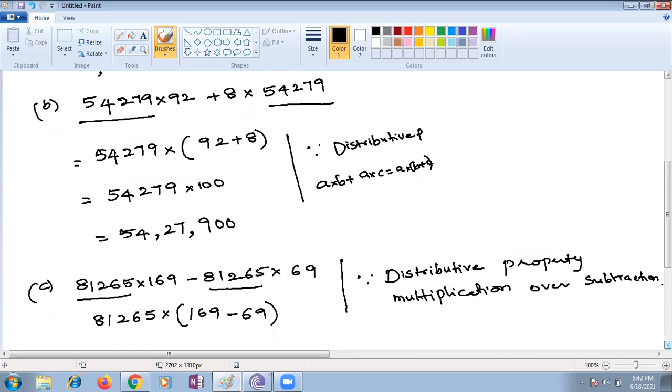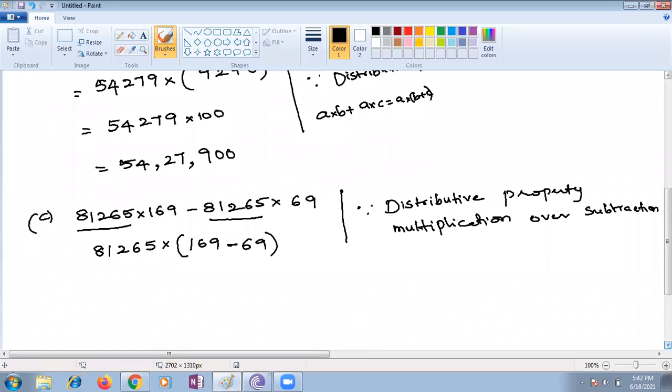From that property, we use the general formula, which you are also supposed to write. A bracket B minus C can be written as A multiplied with B minus A multiplied with C. If they give this part, we write like that. If they give the other part, you write vice versa.